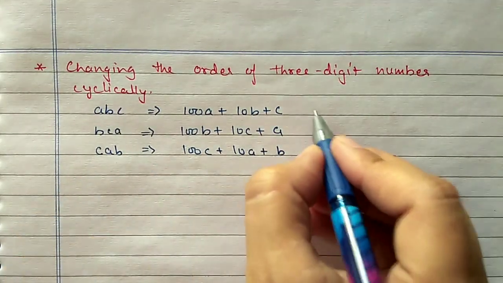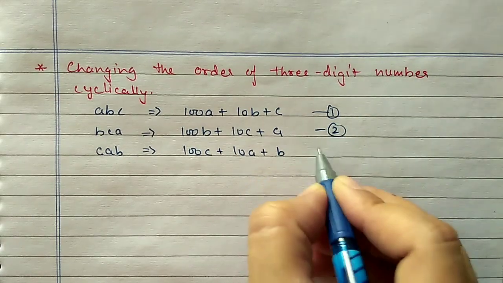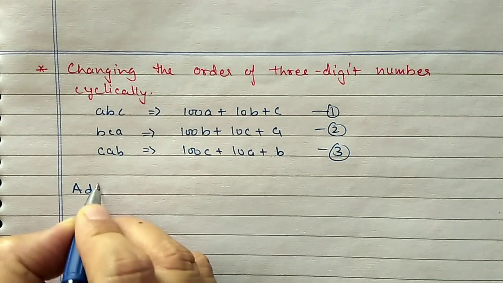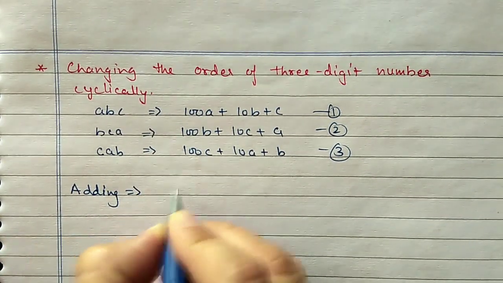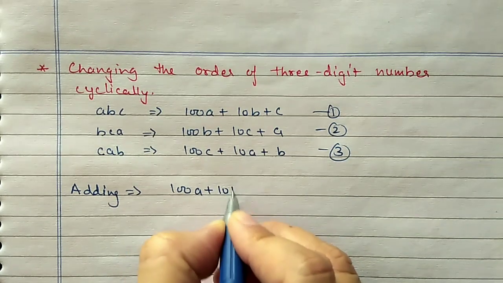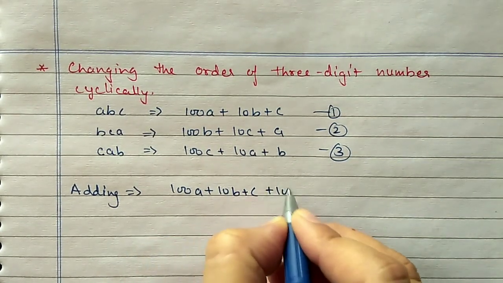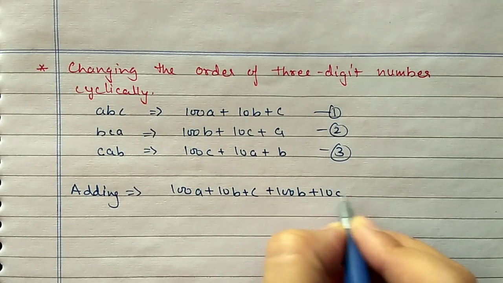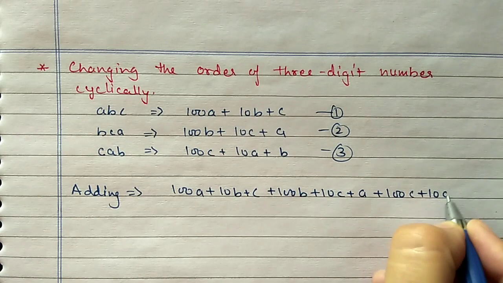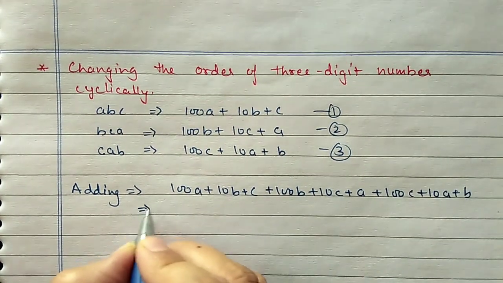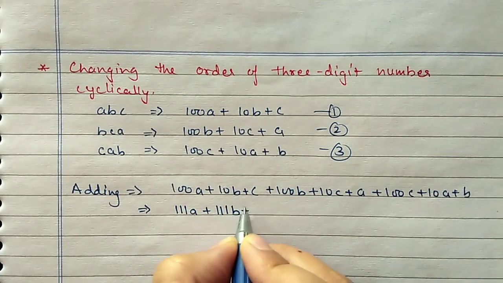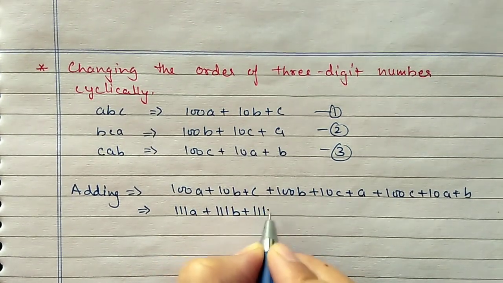Now if we add these three numbers, we will get 100A plus 10B plus C plus 100B plus 10C plus A plus 100C plus 10A plus B. After addition we will get 111A, 111B, 111C.